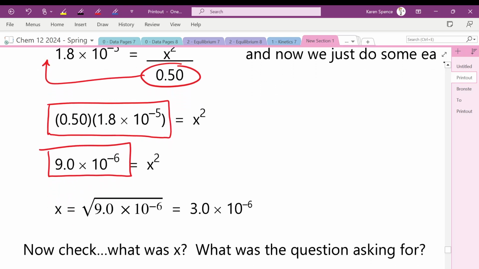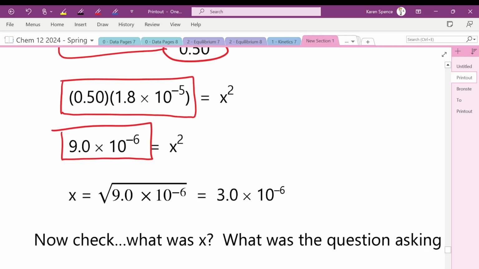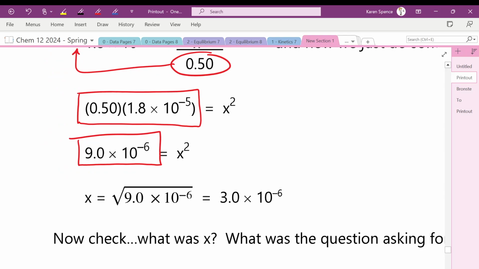And then we will take the square root of both sides. And there's a typo here. The root of 9 times 10 to the minus 6 is 3 times 10 to the minus 3. Okay, so that's a typo there. It's not 3 times 10 to the minus 6. It's 3 times 10 to the minus 3. And I need to fix that.